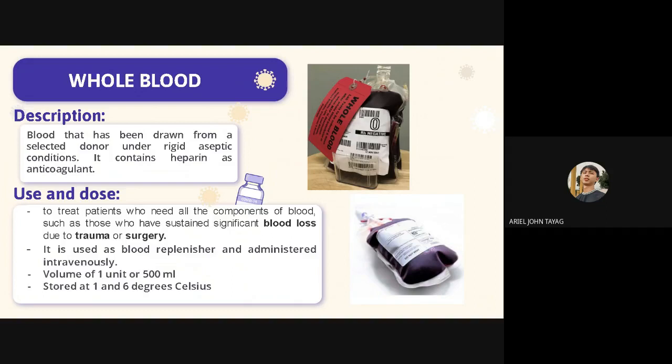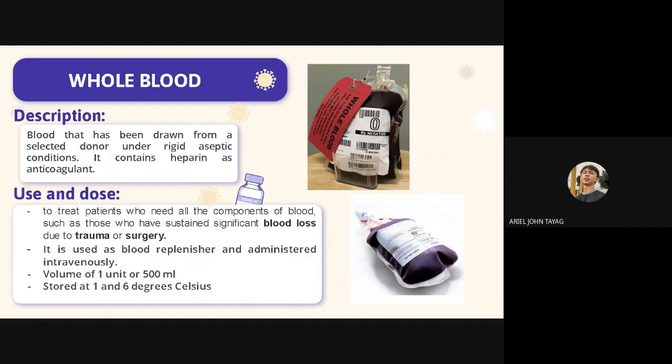For the use and dose, whole blood is used to treat patients who need all the components of blood, such as those who have sustained significant blood loss due to trauma or surgery. Whole blood can be donated at any Red Cross blood drive or blood center.